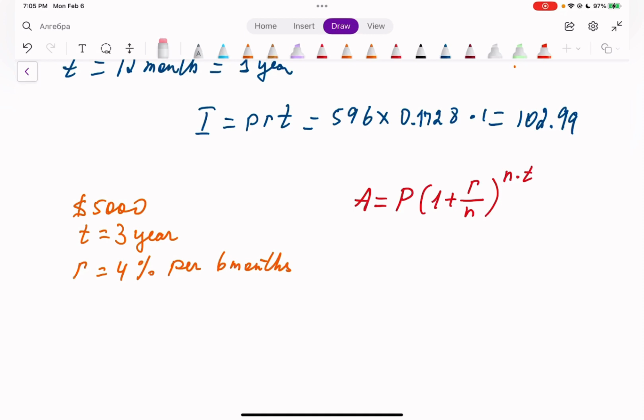So A in this case is going to be the accumulated amount. P is the amount I invested, 5,000, the principal. A is the amount I will get as a result of interest. Okay, accumulated amount. In 3 years, how much money am I going to make?